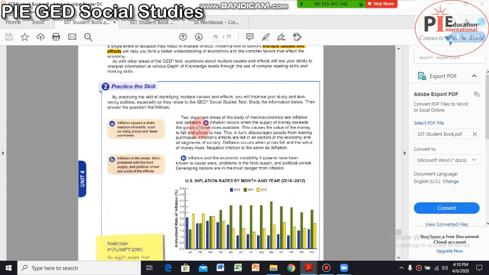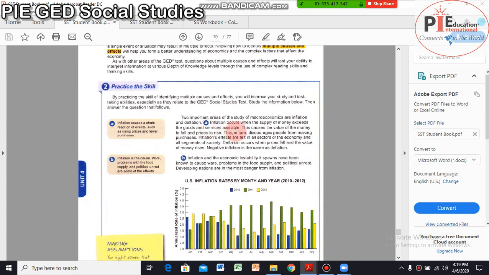Inflation. Now on the left hand side, we can say inflation is a chain reaction of events such as rising prices and fewer purchases. Okay, this is what we talked about, right? Inflation actually means the decreasing power of money. The value of money is decreasing, and that's why it leads to an increase in prices, or fewer purchases, or the buying power falls down.